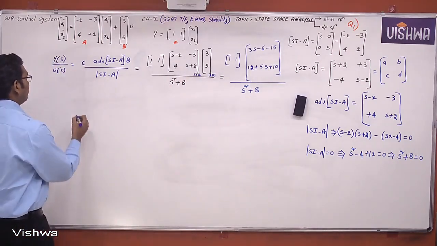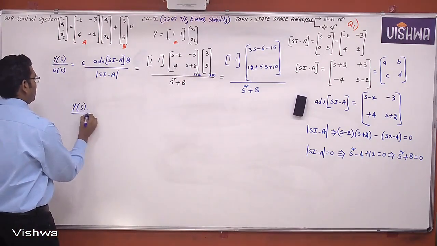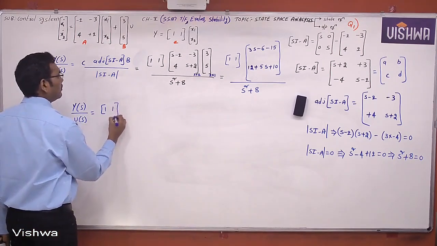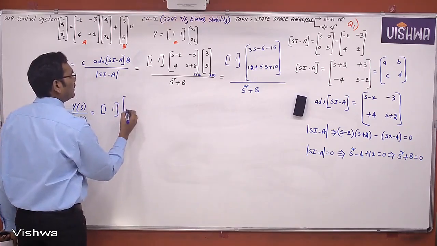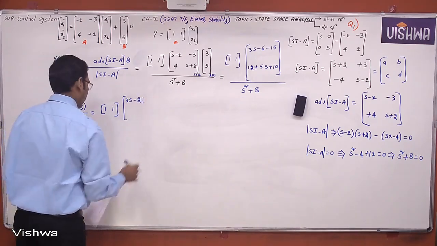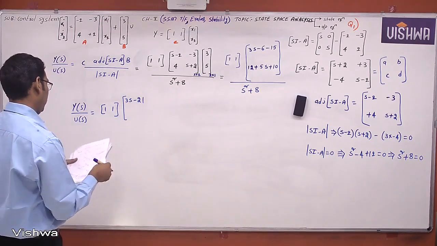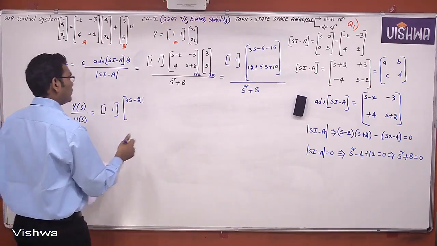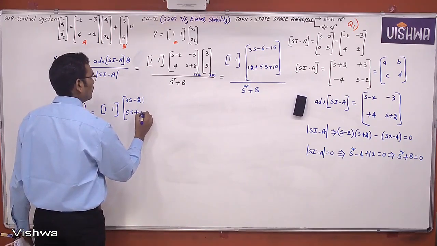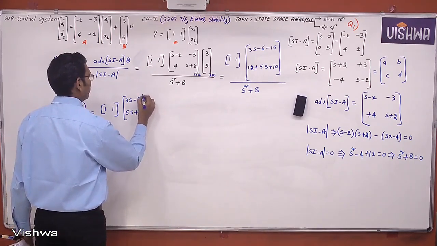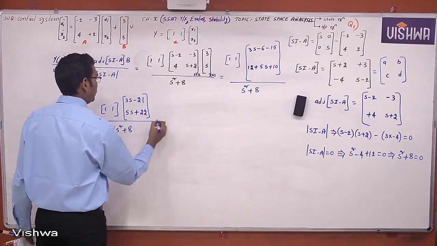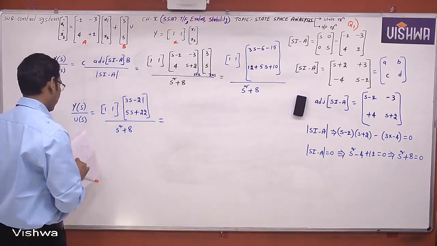So finally the transfer function Y of s by U of s is equal to 1, 1 into 3s minus 21 and 5s plus 22, divided by S square plus 8. We can extend this further.